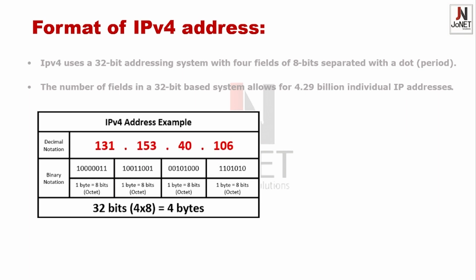For our representation, we are representing the IP address in decimal format, 131.153.40.106. This decimal format will be converted into respective binary values for the computer's understanding, because digital computers can know only zeros and ones.